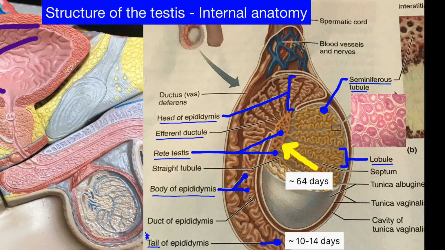So you can see here that this whole process takes quite a long time, and the sperm themselves are actually stored in the tail of epididymis until they're ready to be ejaculated. So this whole process of starting from a stem cell, creating a sperm that's going to be fully mature and ready to go, ready to find that egg, takes anywhere between 42 and 76 days.